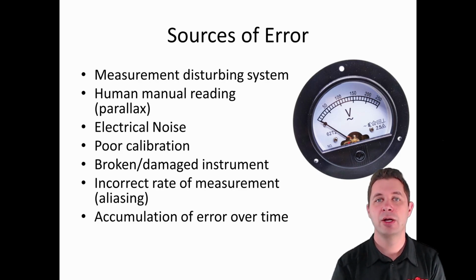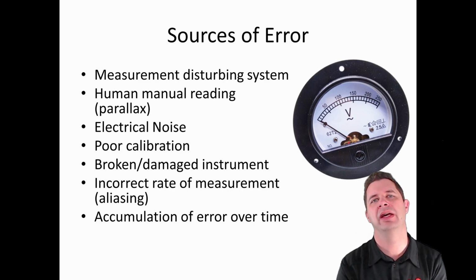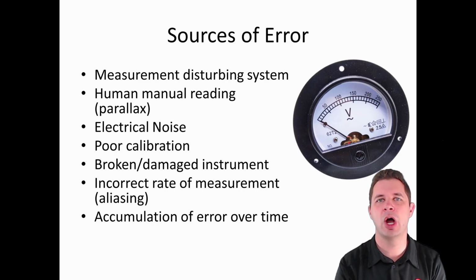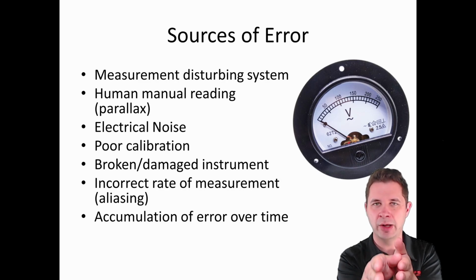Another one is when we're reading analog values with our human eyes, we get this parallax effect, where we see, like on an analog sensor, the one above, depending on how we look at that analog sensor, what angle we're looking at it from, we'll actually see a different value. I remember when I was learning to drive and my parents were supervising me in the car, there'd be the odd occasion where they'd say, "Oh, you're speeding, slow down." And I'd look and I'm actually doing exactly the right speed because I'm looking straight on at that sensor.